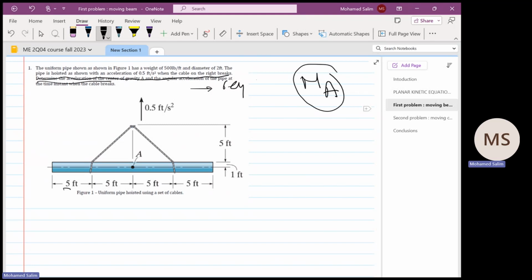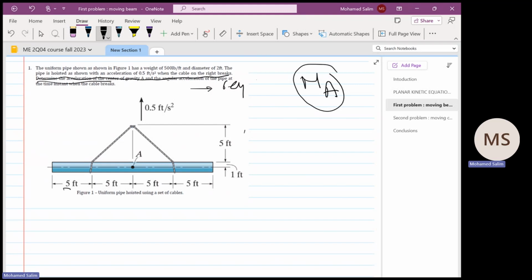And the weight is distributed like 500 pounds per feet. Pound here is a unit of force or mass. I say the weight is 500 pounds per feet. Force, like the same as a force is equal mg.